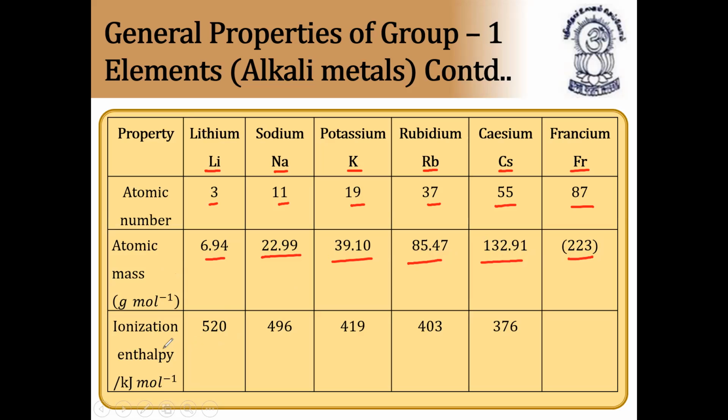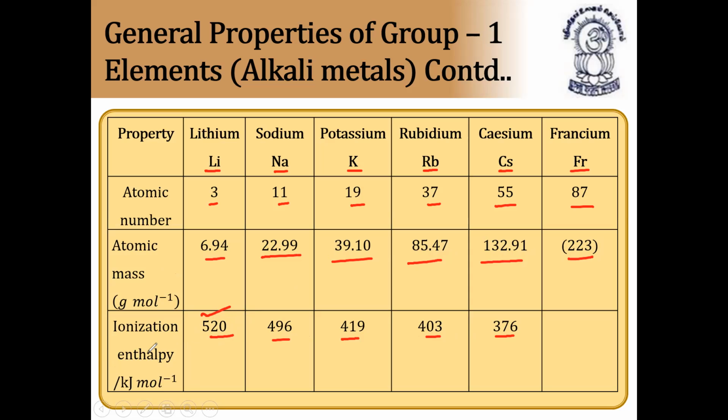The ionization enthalpy is more for lithium. As we go down the group, the ionization energy decreases, you can see here. For lithium it is more because the outermost electron is very close to the nucleus, since the atomic number of lithium is only 3. So more energy is required to remove the electron.